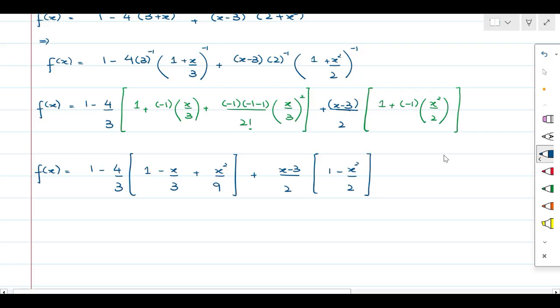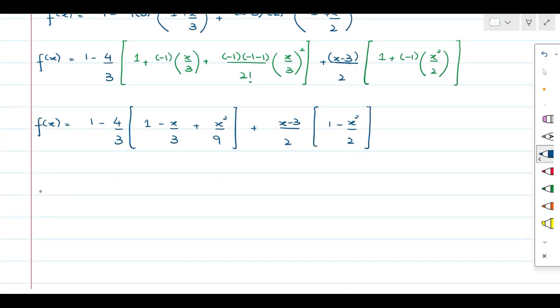Okay, let me simplify this further. We have f of x becomes 1 minus 4 over 3. Now split 4 by 3 inside, right? 4 by 3 times 1, 4 by 3, minus times minus gives you plus. 4 times x, 3 times 3, 4x over 9.